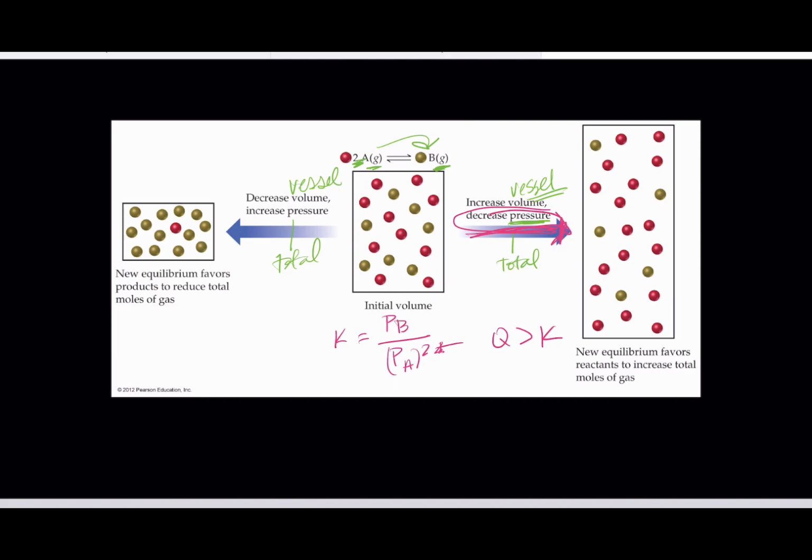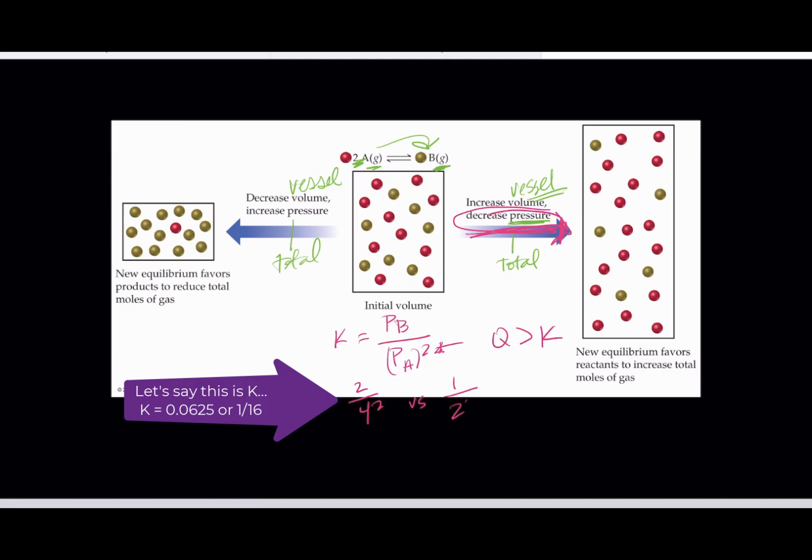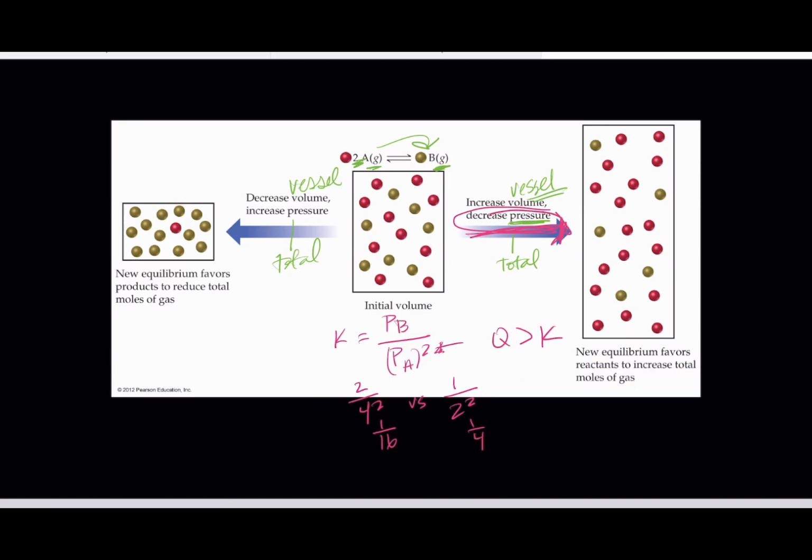So let's say that the pressure of B initially was 2 and the pressure of A initially was 4. So 2 over 4 squared. Versus if I decrease the pressures, which would give me 1 over 2 squared. So I go from 1/16 to 1/4. Q is greater than K if I increase the vessel volume, which decreases the partial pressures.